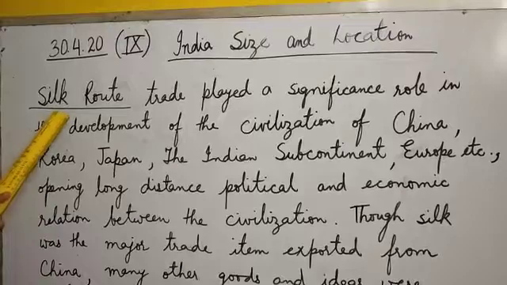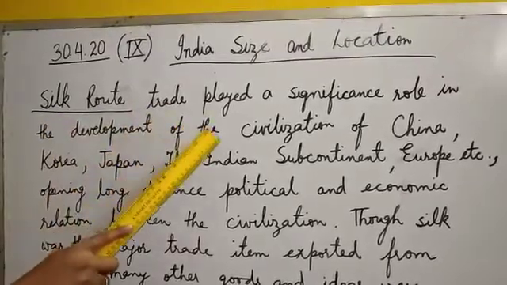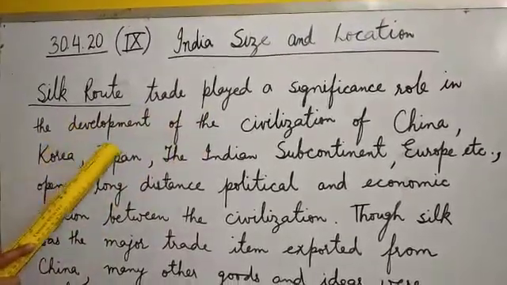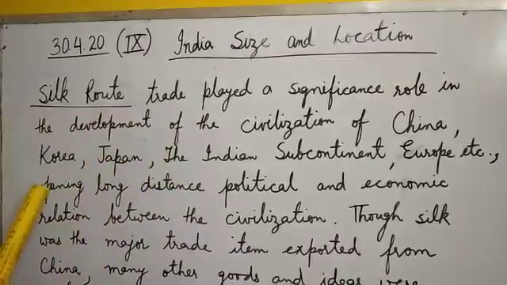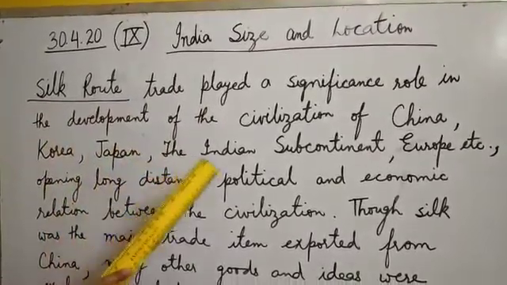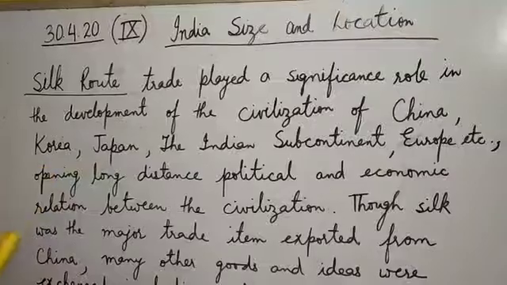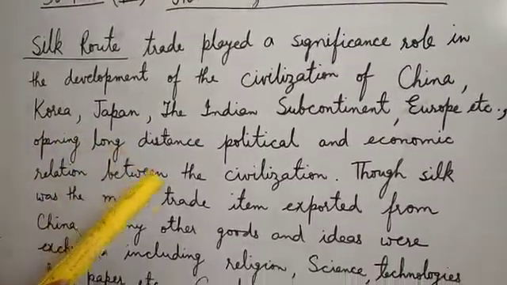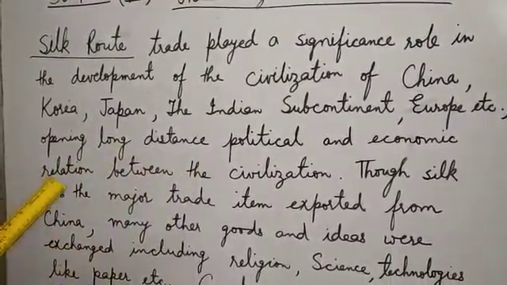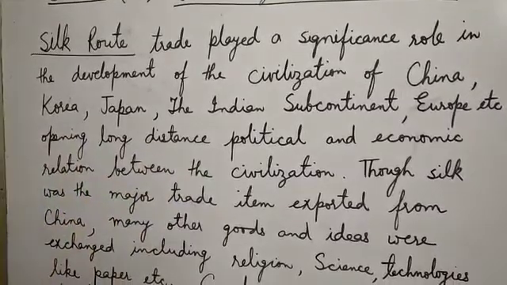Okay, so Silk Road trade played a significant role in the development of civilization of China, Korea, Japan, the Indian subcontinent, Europe, etc., opening long distance political and economic relation between the civilizations.